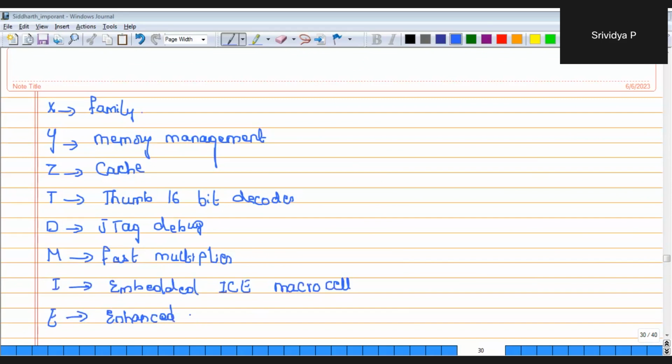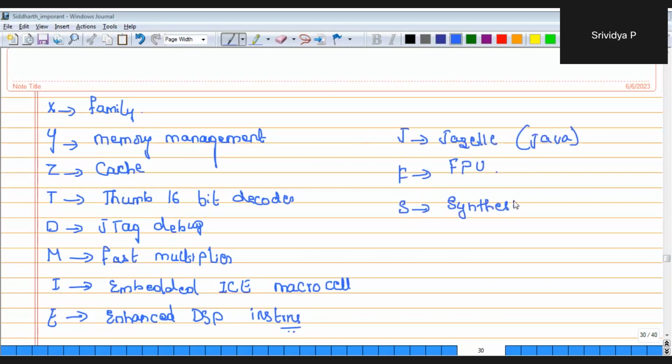When we say enhanced instructions, it provides support for DSP instructions, so it is enhanced DSP instructions. J stands for Jazelle, that is, it provides support for Java. F stands for floating point unit, and S is for synthesizable version. And in general, V stands for version.